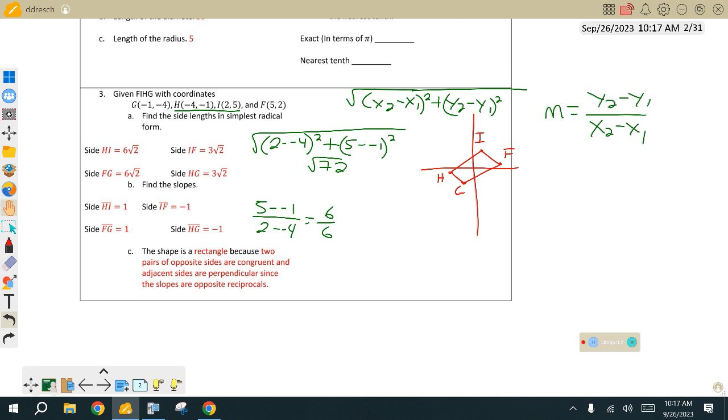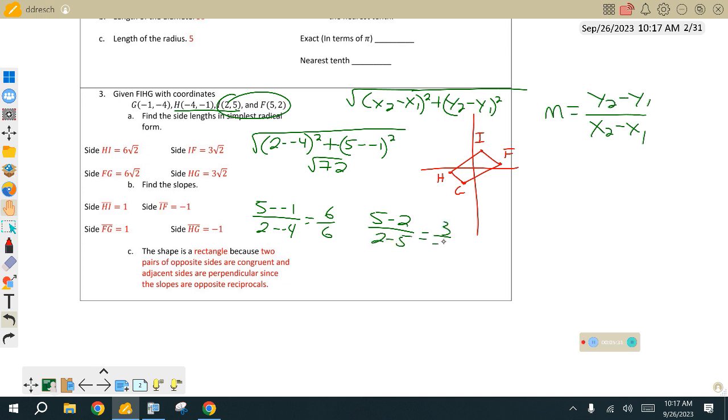Go back to 6th grade, 7th grade: 6 over 6. That's where I got 1. I did the same thing for IF: 5 minus 2, and 2 minus 5.